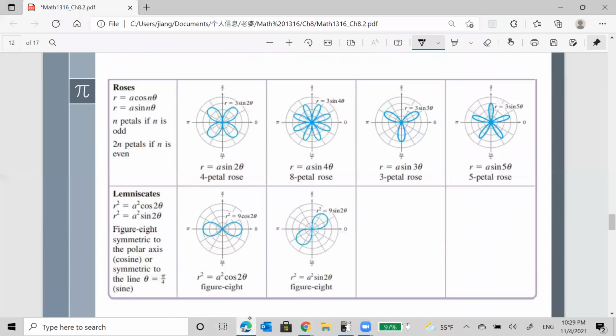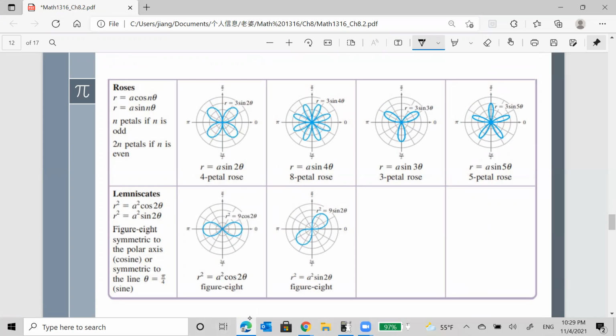Okay, next one is roses. So look at these beautiful shapes. We call them the rose shape. The shape is r equals a times cosine n theta, or r equals a times sine n theta.